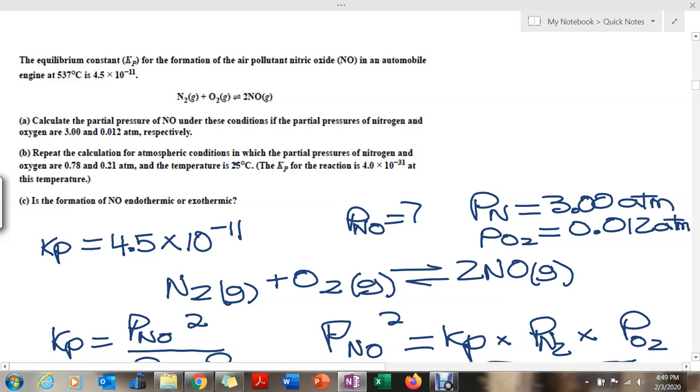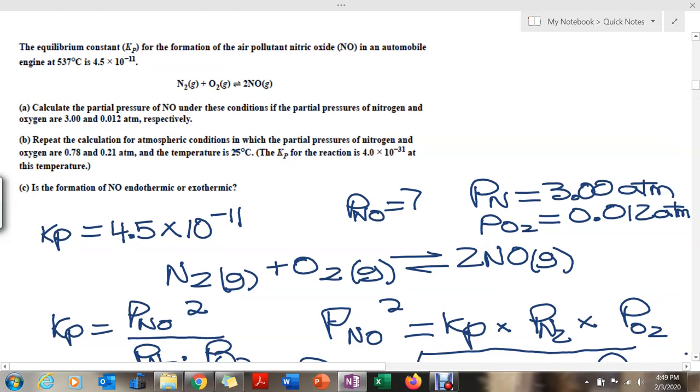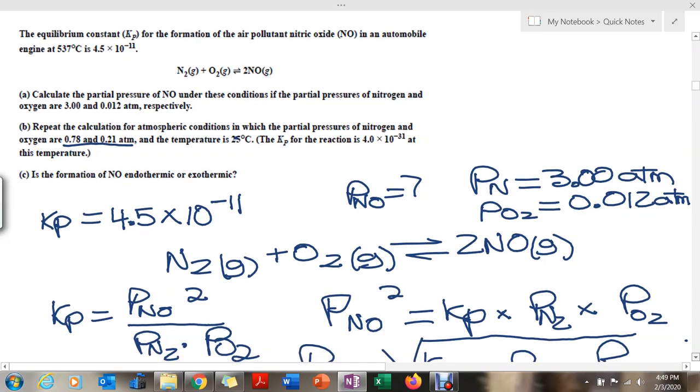So we do the same thing with the new values.